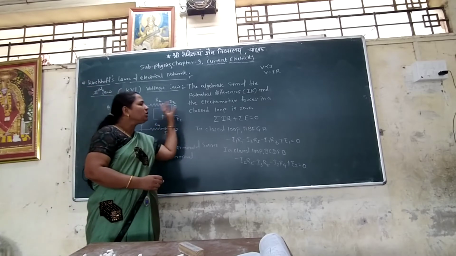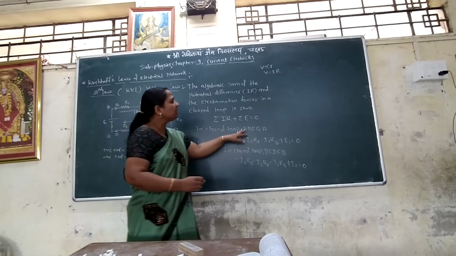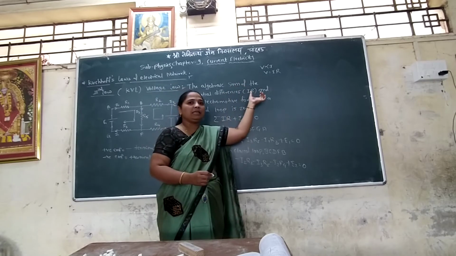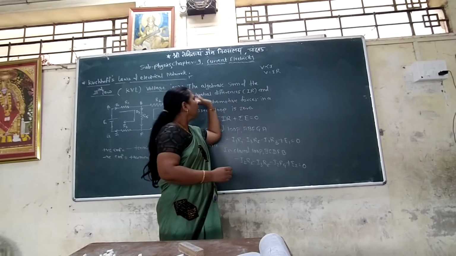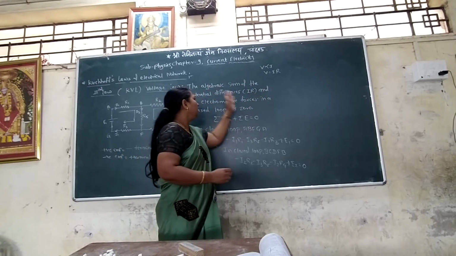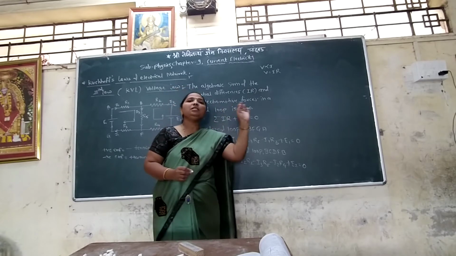Therefore, in a closed path, the algebraic sum of potential differences, that is IR, and the electromotive forces in a closed loop is 0.